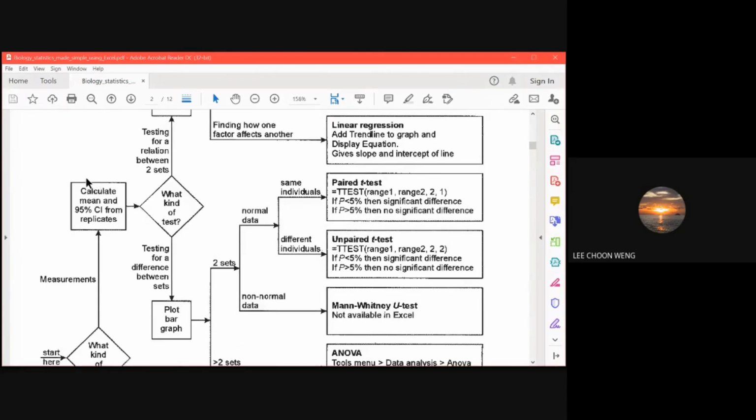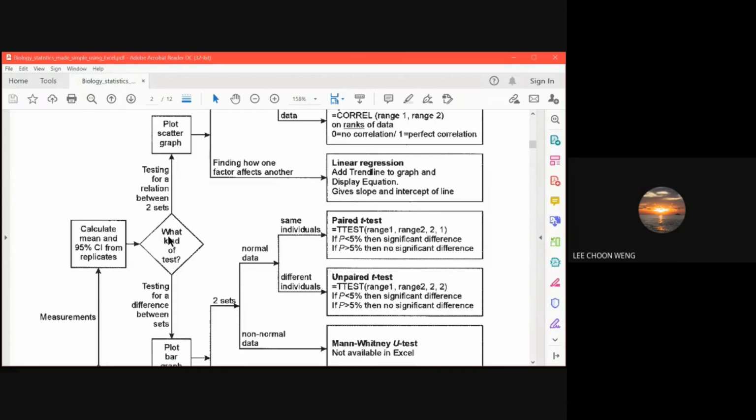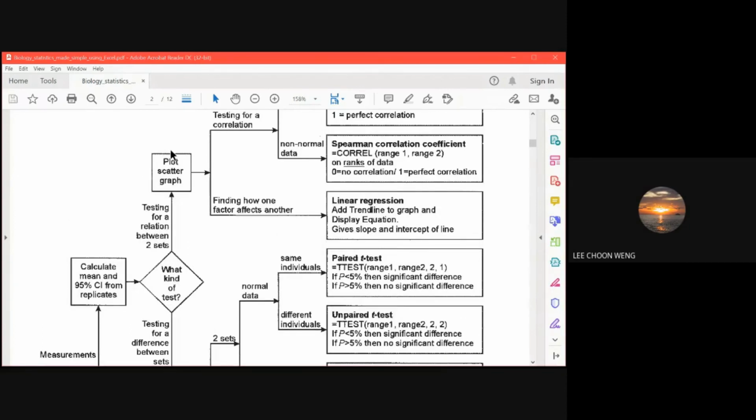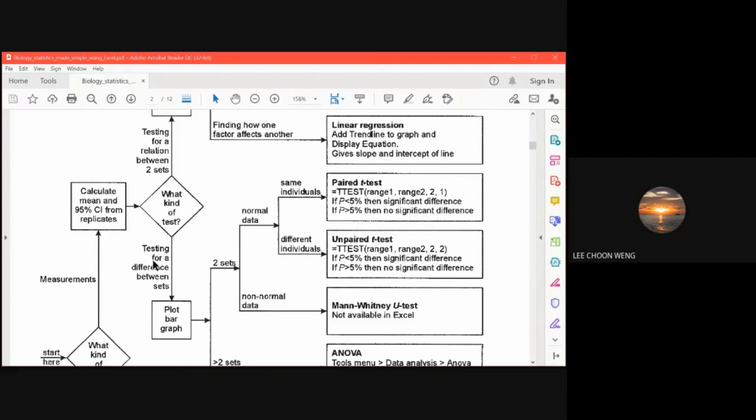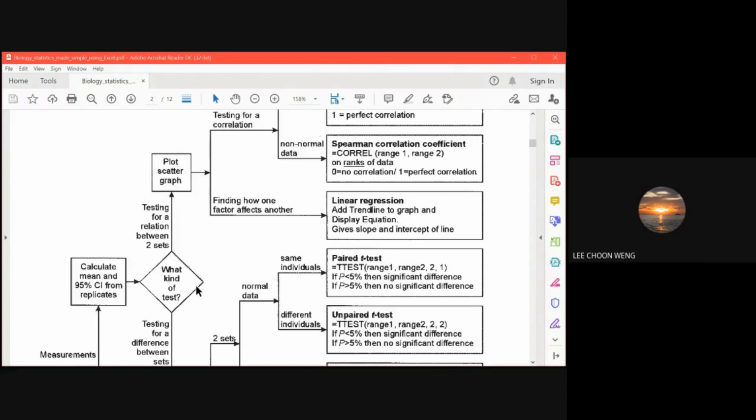We carry out descriptive statistics first so that we can describe the data that you have. Next, we can test for relationships between two sets. We can plot different kinds of graphs.